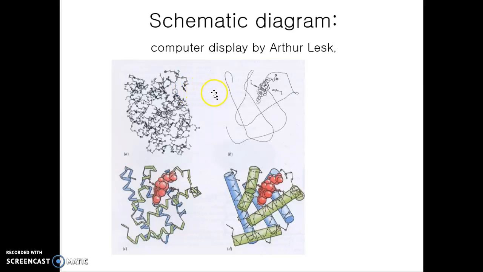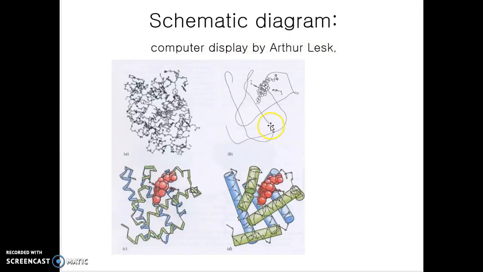However, by looking at this model, it's very confusing, and you can get little information from this structure. So we need another way to make structural pictures. The rest of the pictures are made by computer.